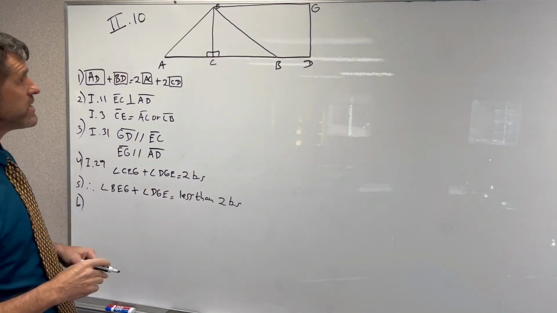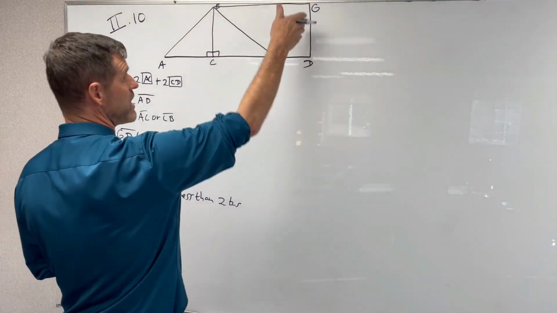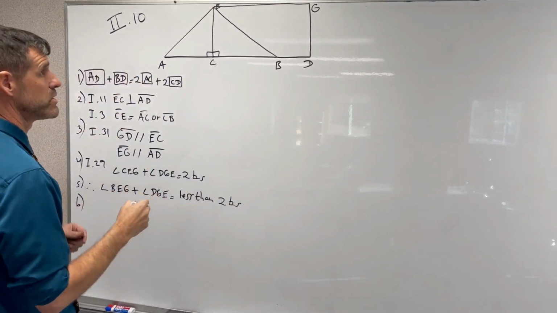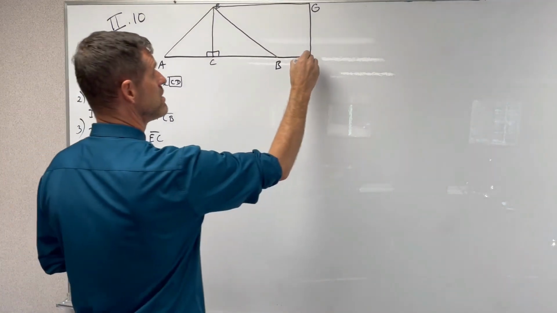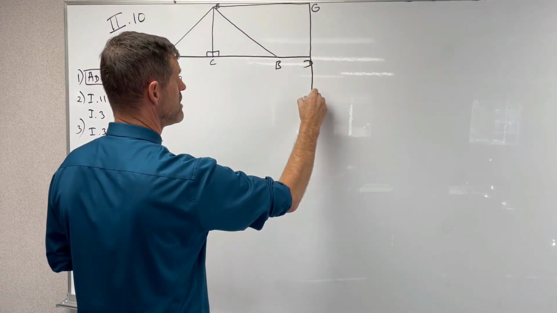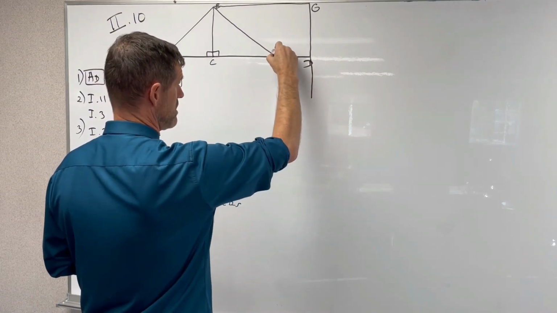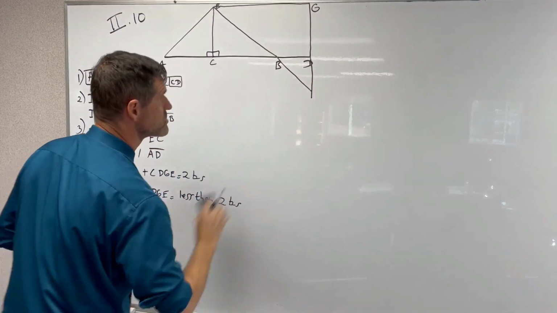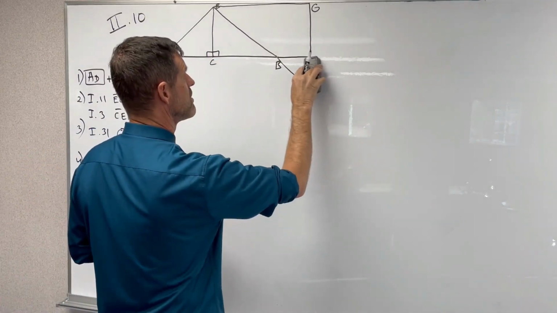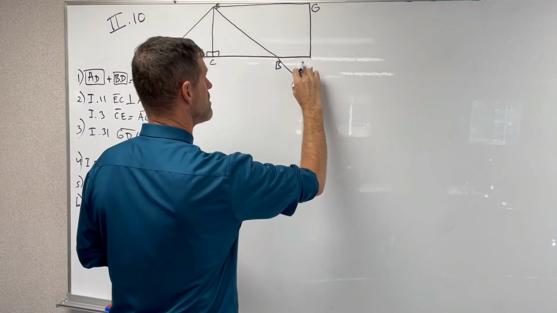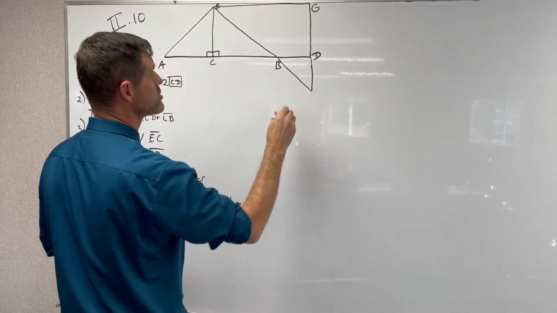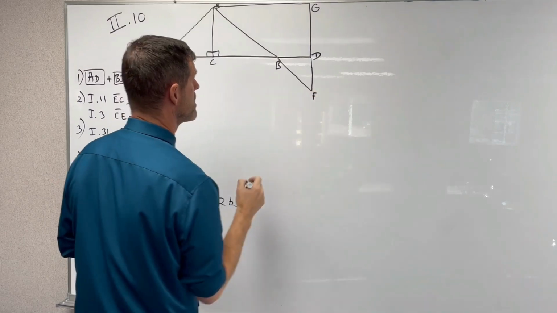And that being the case, we know that if we extended line GD and extended line EB, they would meet. So we extend them down until they meet. And we'll call this point F right here.